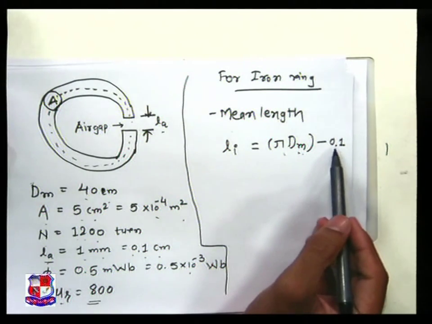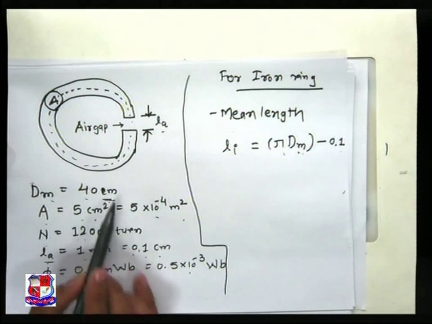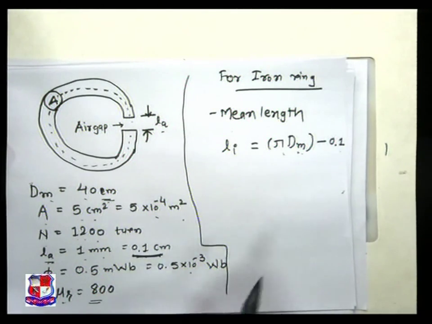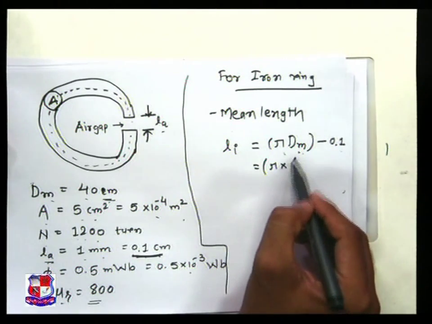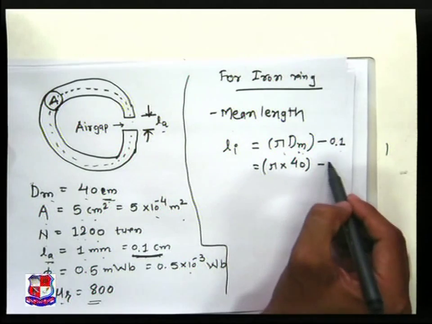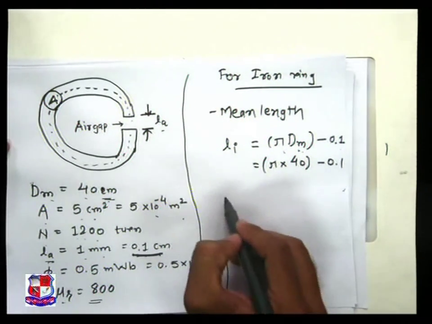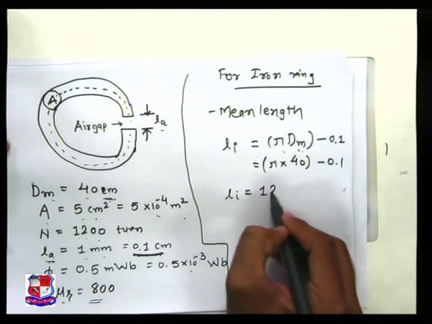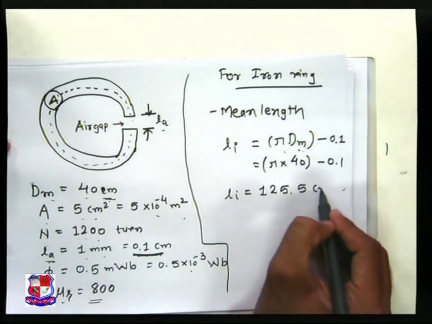Here I have converted into centimeter because dm is given in centimeter, so I have converted my LA into centimeter. So put the value pi into 40 centimeter minus 0.1. Using multiplication, calculating, we get 125.5 centimeter.